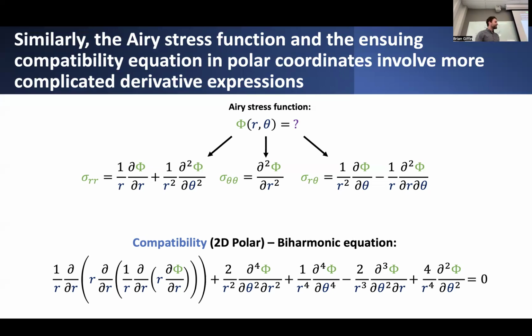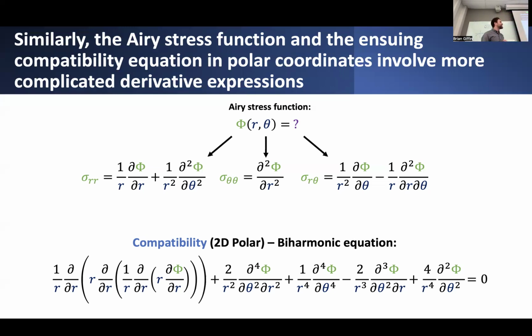People have spent a very long time trying to come up with solutions to these very types of problems in polar coordinates. Unfortunately, I don't think it's particularly illustrative to go through exactly step by step how people came up with these solutions. Again, it really comes down to how do you choose this value?